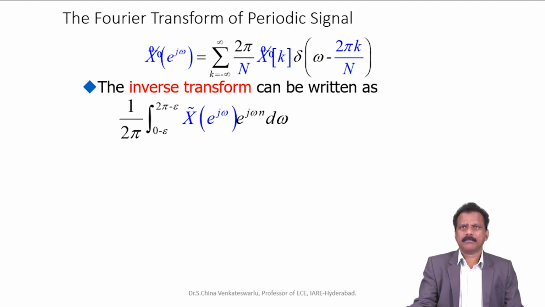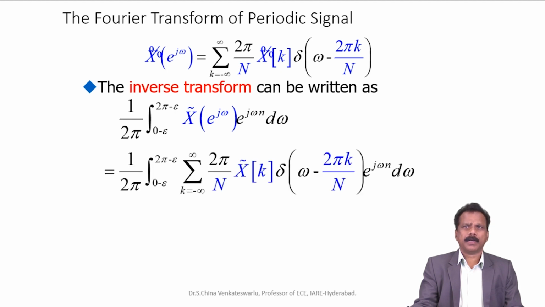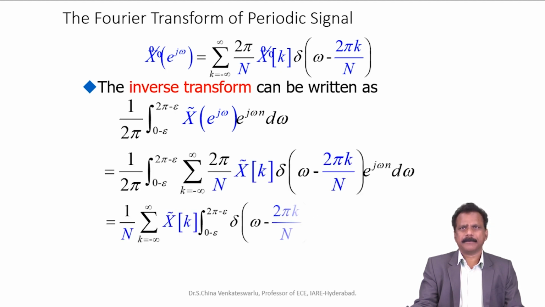The inverse transform can be written as 1 by 2 pi integral from 0 to 2 pi of X of e power j omega.